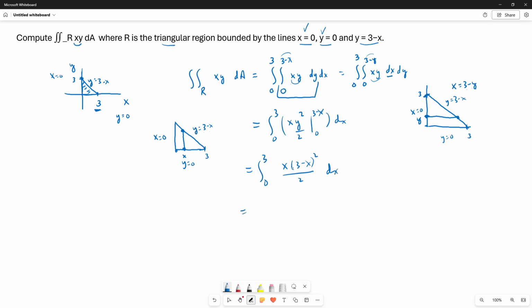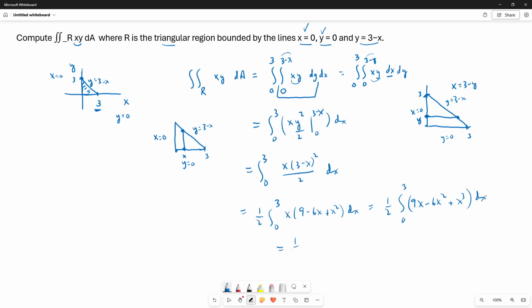And now we'll do some algebra here. We have x times (3 minus x) squared is x times (9 minus 6x plus x squared). And then we will distribute the x. So 9x minus 6x squared plus x cubed.